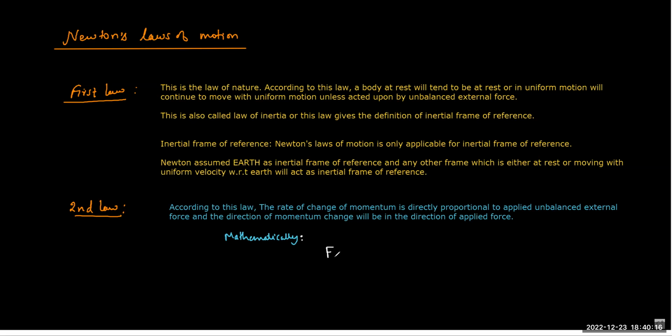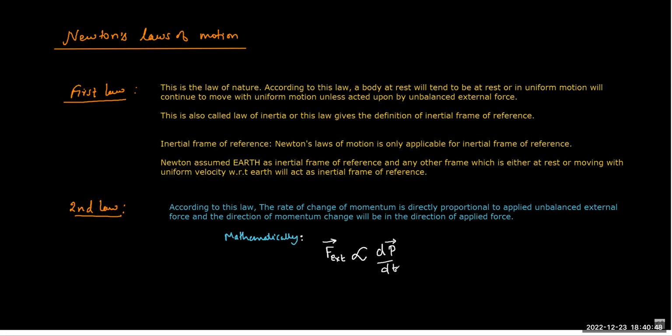The force, if I write by the symbol F ext, and always remember we are studying vectors, so force is a vector quantity, so we must define it in vector form. In high school, you might have used scalar notation, but now for JEE, one should write in vector form. So you write F vector, and it is proportional to the rate of change of momentum. So we write it as dp by dt.